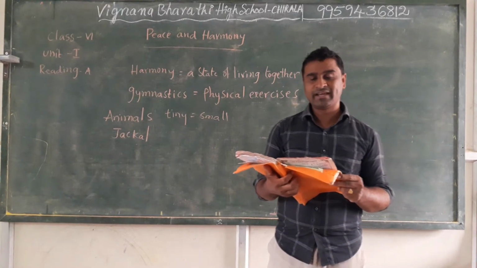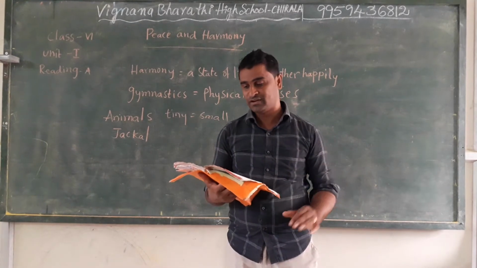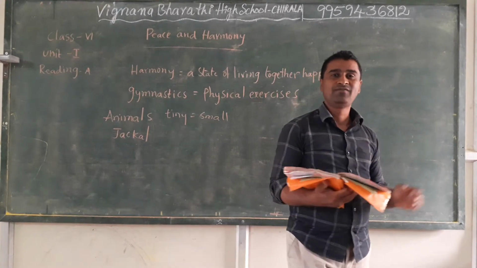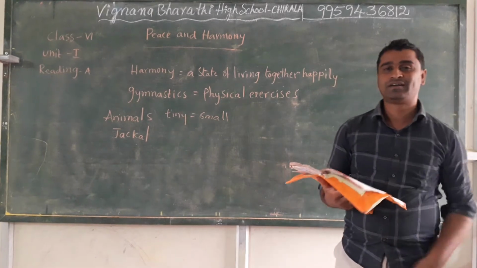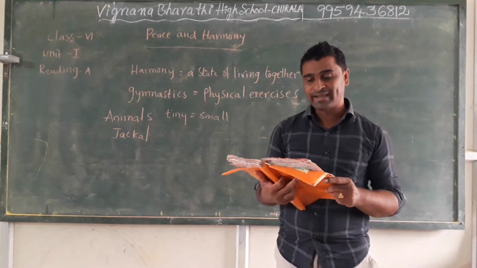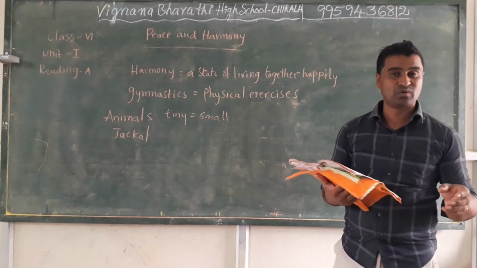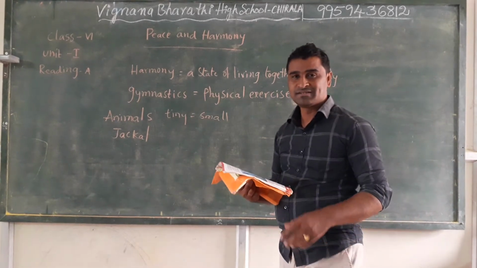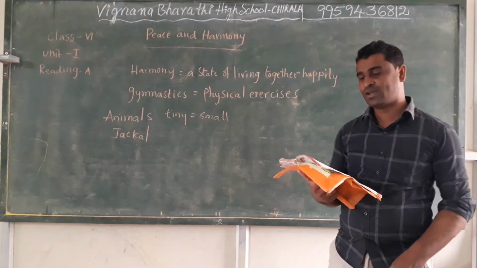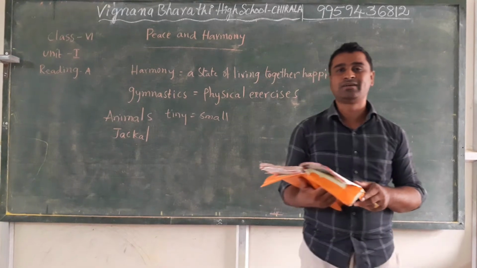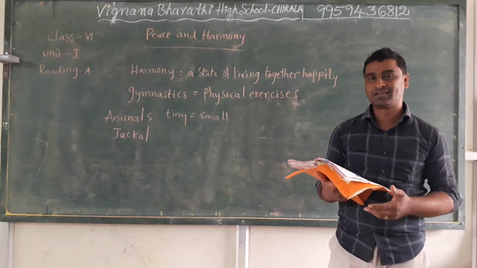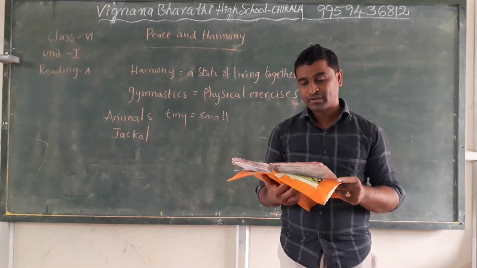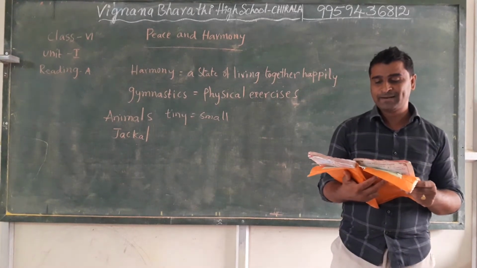The elephant and the deer danced in these musical evenings. The elephant and the deer, they both were dancing. The miners and the parrots sang, because we know that birds sing, no? We usually say birds sing. That's why here miners and the parrots, these birds were singing. The tiger and the bear exhibited gymnastics.